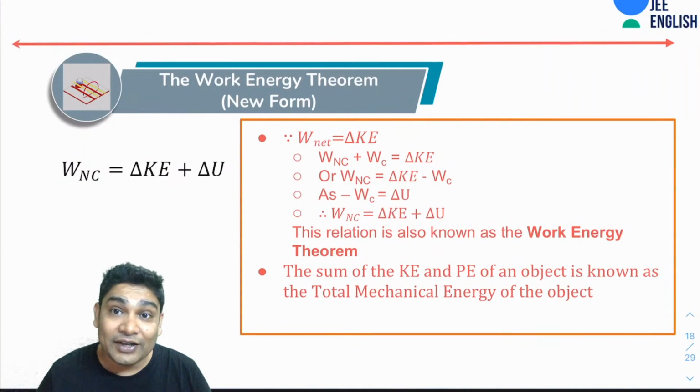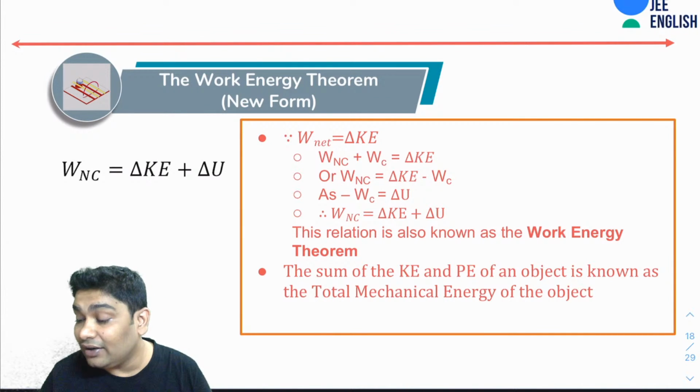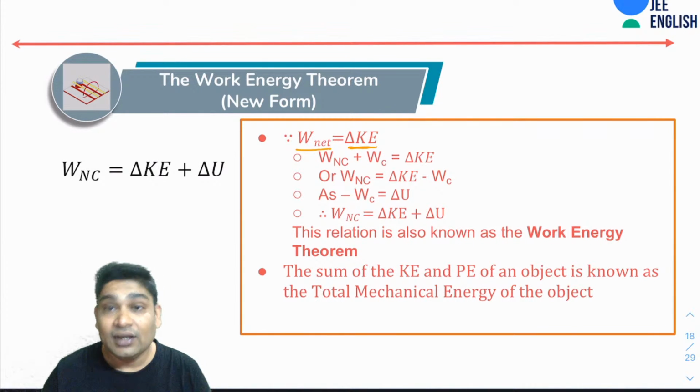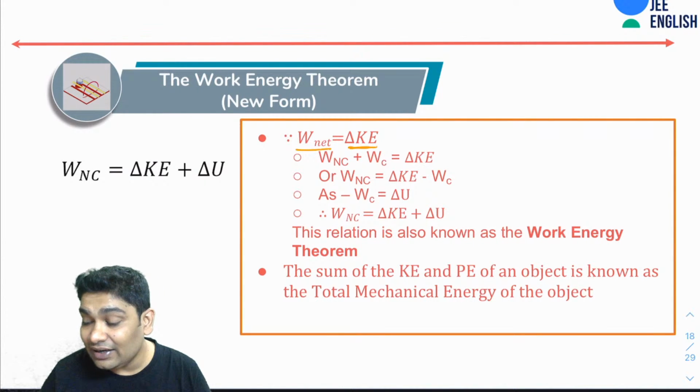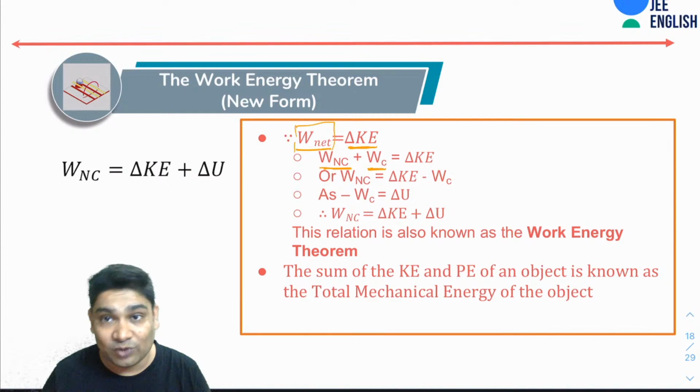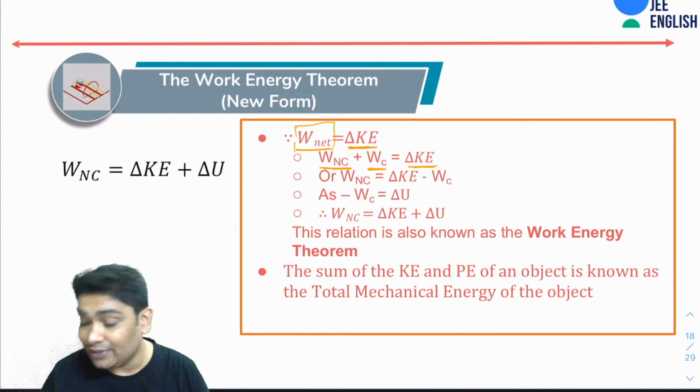So now we can use the work energy theorem in a new form. Earlier you knew that net work done by all the forces is always equal to delta KE. Now this net work can be divided into two parts: work done by non-conservative forces plus work done by conservative forces is equal to delta KE.